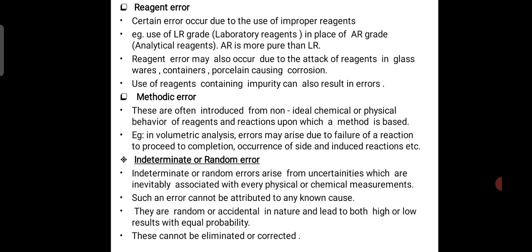Analytical reagents are more pure compared with laboratory reagents, so if you use analytical reagents, we can avoid error. And methodic error means it is based upon the method we choose for our experiment. If there is any mistake in our method, error may occur.